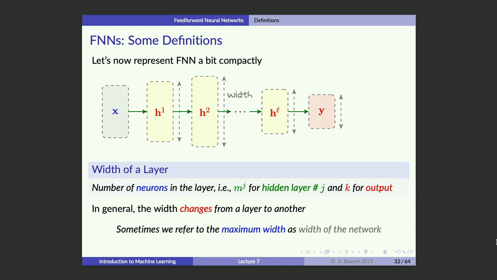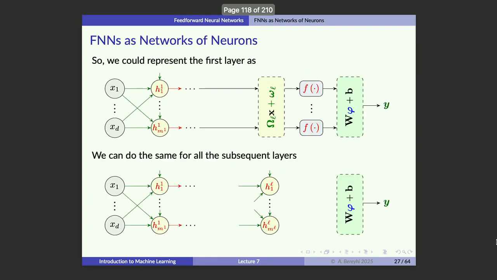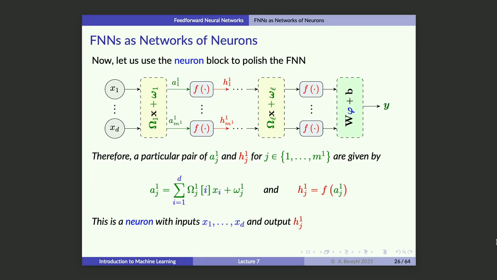So don't get confused with depth. I'm not talking about depth. Say, for instance, here, maybe this is the easiest one. The first layer I told you has A1 till AM1, forgetting about the superscript. Then the width of the first hidden layer is M1. Got it?